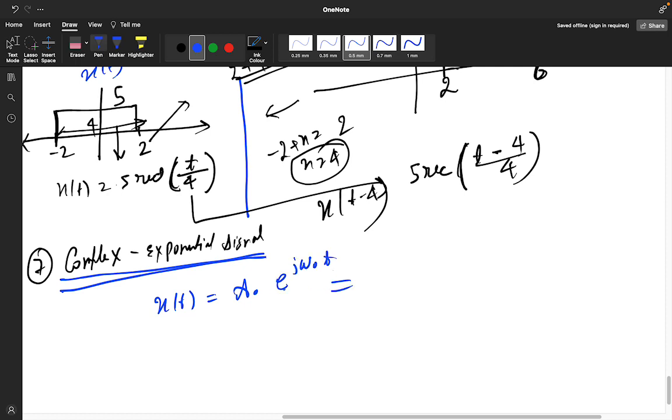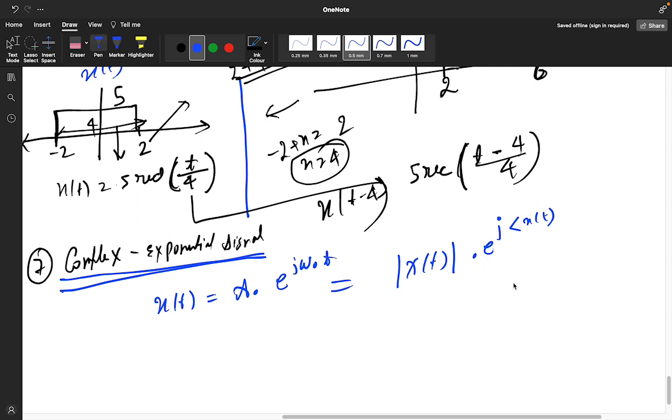How can we write it? What will be the magnitude? Take the magnitude and take the angle, j omega naught t, the angle of x of t.